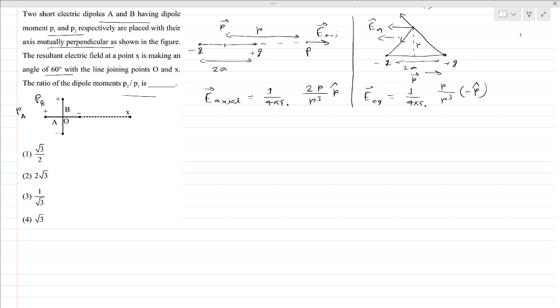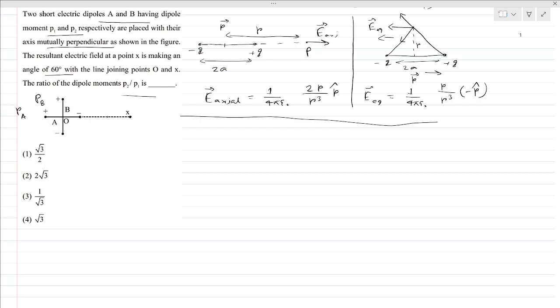If we consider those two cases here, then we can easily draw that for PA, at the axial point, the direction of the electric field will be from minus q to plus q charge.